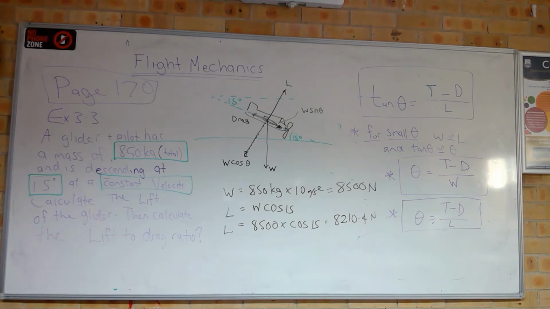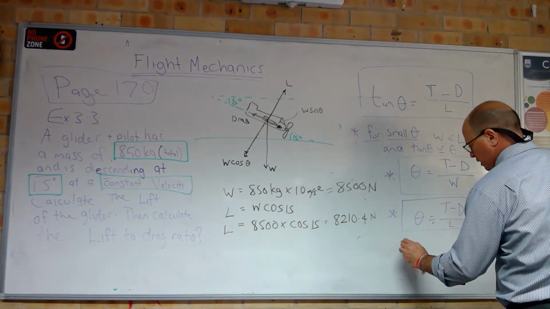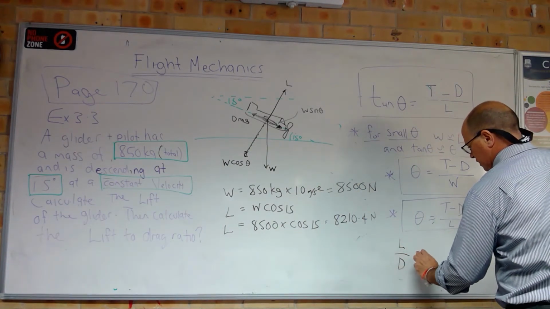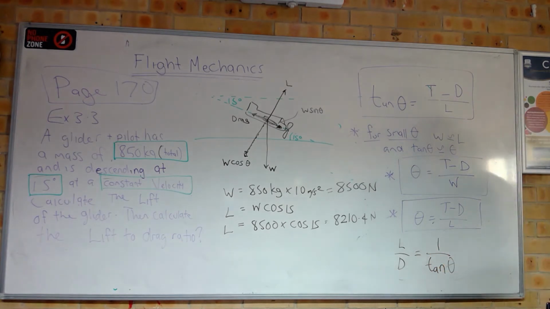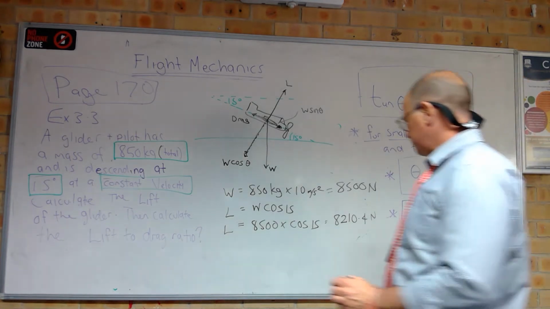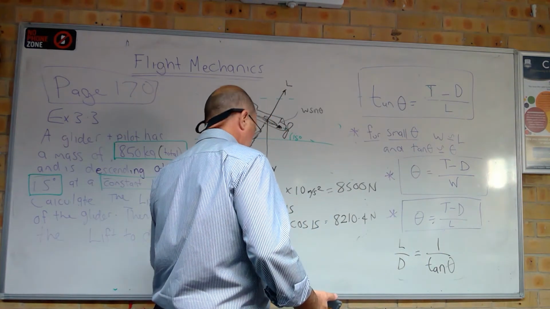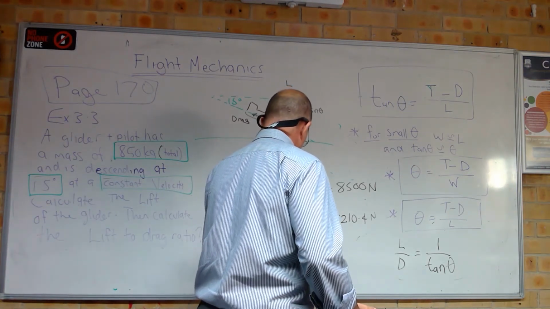Now, you could just say, now that I know my lift, and I know my formula, we remember we talked about lift to drag is equal to 1 over tan theta. Okay, we know our theta, so we can use this to say lift to drag is equal to 1 over tan theta.